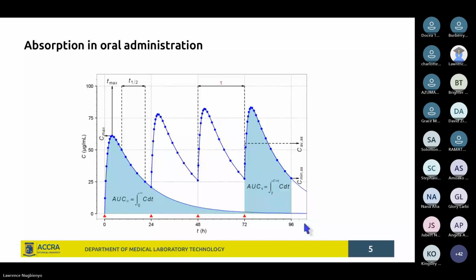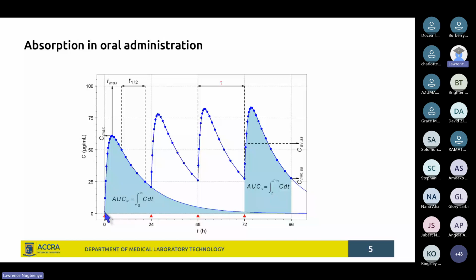Now, you see that at the time that the drug is taken, which is time 0 hours, the concentration of the drug is 0 in the blood. And then the concentration begins to increase gradually until it gets to the maximum. Now, this portion of increase of concentration of the drug in the blood represents the absorption stage of the drug.